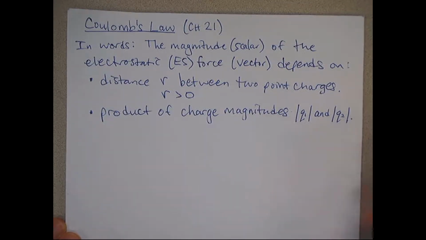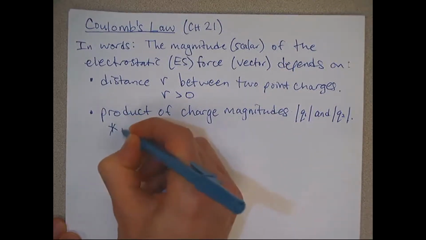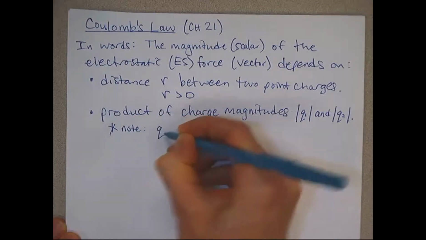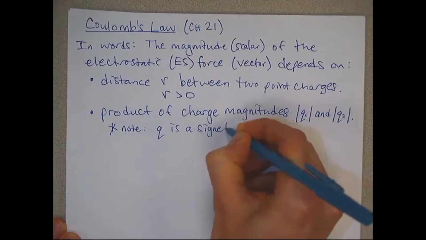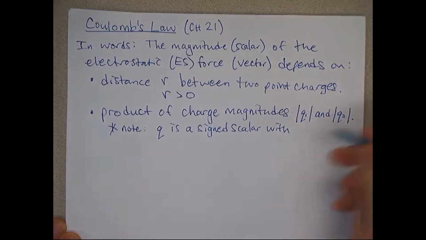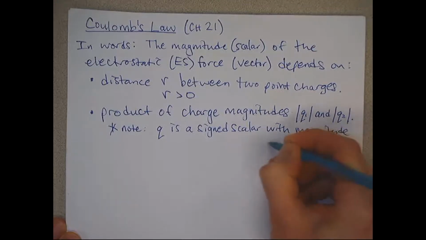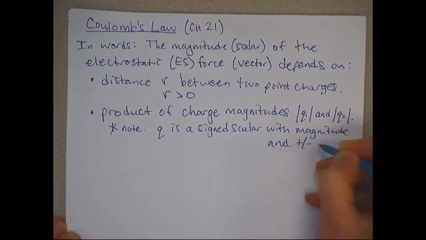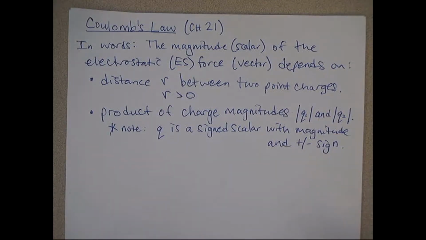You must be careful to use the absolute value of the charges, noting that Q is a signed scalar with both a magnitude and a plus or minus sign. So you'll see throughout the course various situations where you need to maintain the sign of Q in your formula because it is a vector formula.